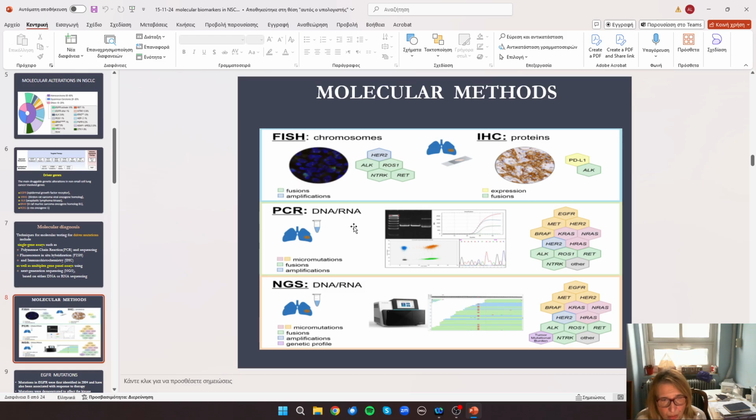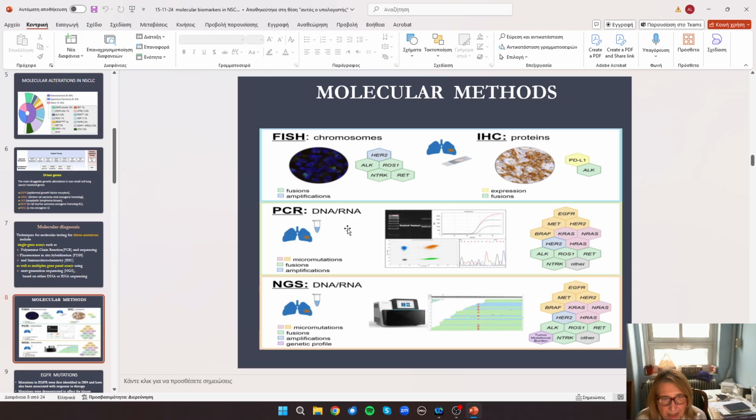After this step, we proceed to amplification, and at the end, we proceed to sequencing in order to find the corresponding alterations.